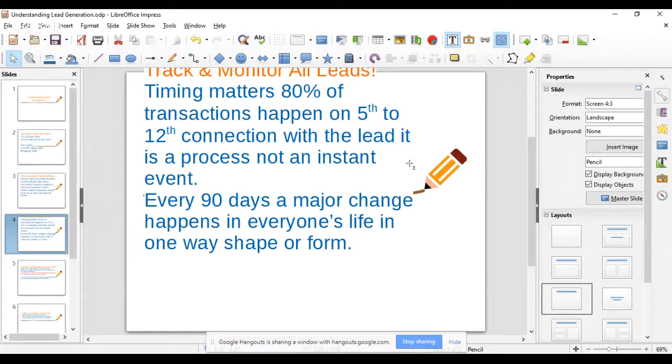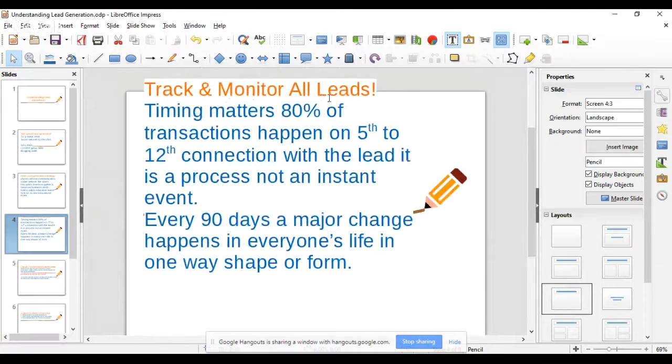So next, we want to understand how to track and monitor all leads. Why do we understand that lead generation? Because timing matters. 80% of transactions happen on the 5th to the 12th connection with the lead. You see, it's a process, not an instant event.